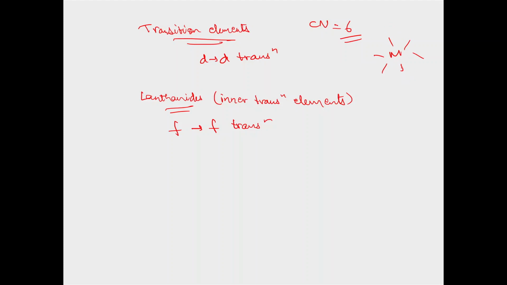So this is for d block elements, but for lanthanides, the ion is big as compared to the d block elements, and hence it has more space, and hence it can coordinate to more number of ligands. Okay, so the coordination number for lanthanides is actually more than 6. It will be greater than 6.